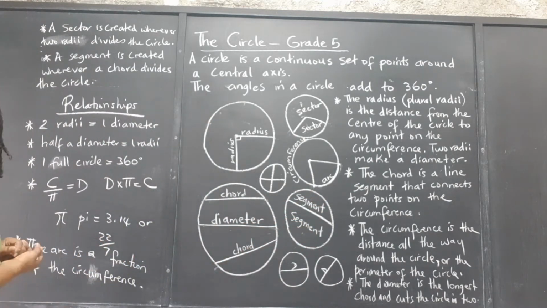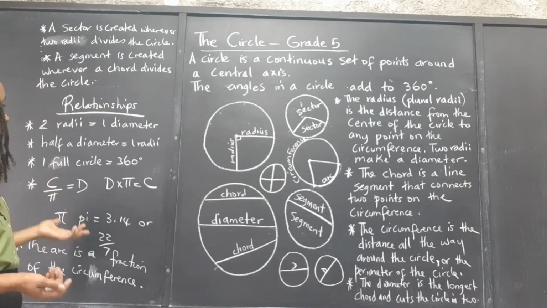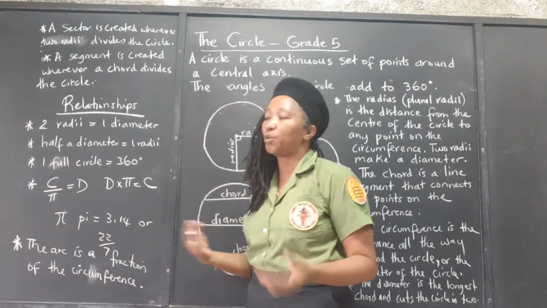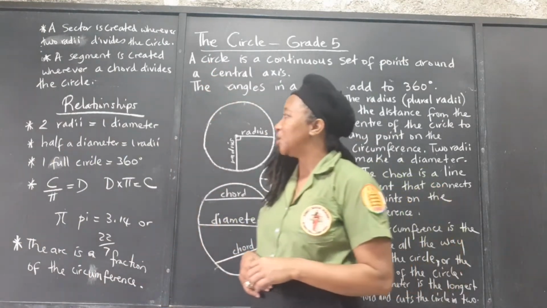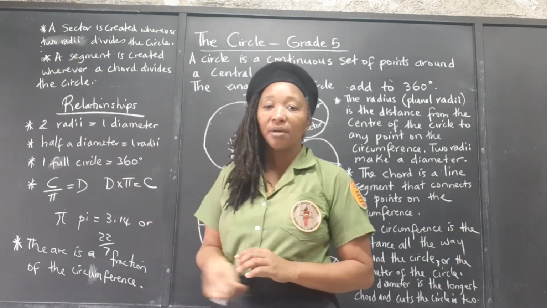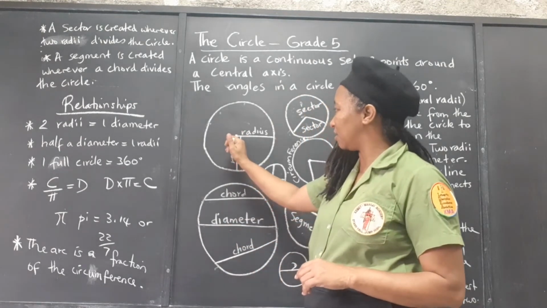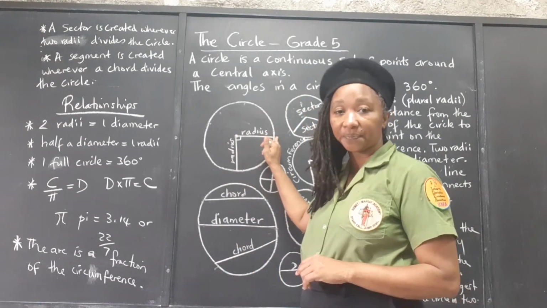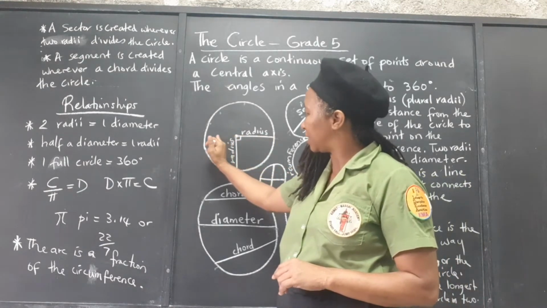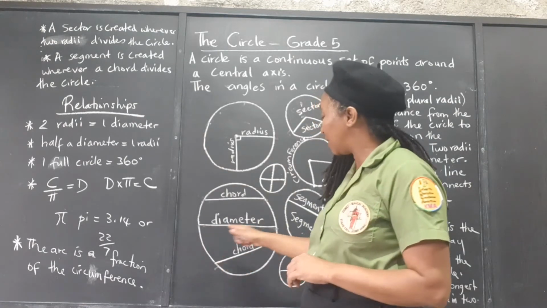So let's look at the relationships between the different parts of the circle. Let's look at how they relate to each other. So we said two radii make a diameter. Since the radius is the distance from the center of the circle to the circumference, if we were to extend this in the opposite direction, we would create a diameter, because the diameter is the longest chord.